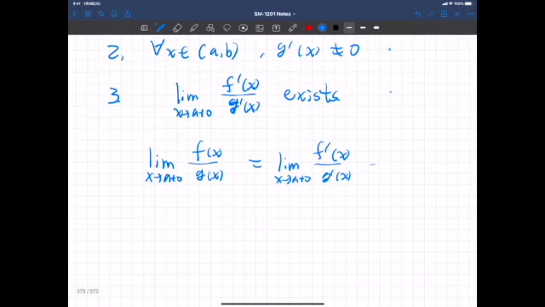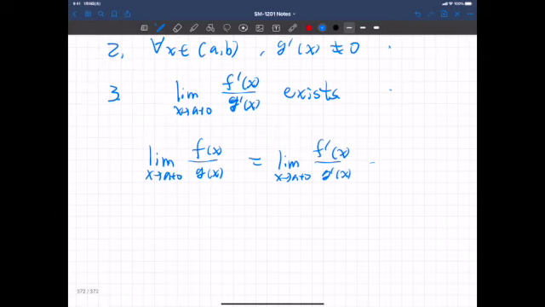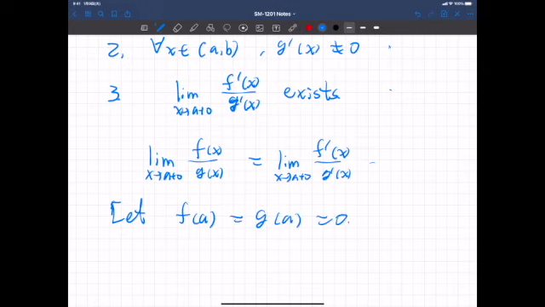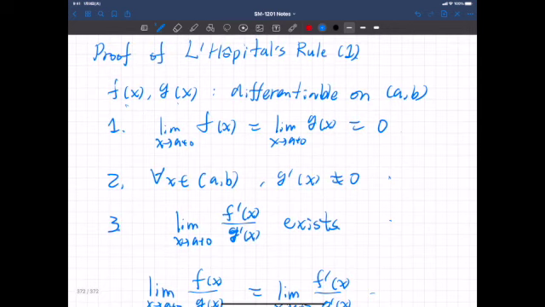Okay. Now, for convenience, let f of a equal g of a equal 0. This is just for convenience. In the original conditions, these functions are defined only on this open interval, so a is not included.